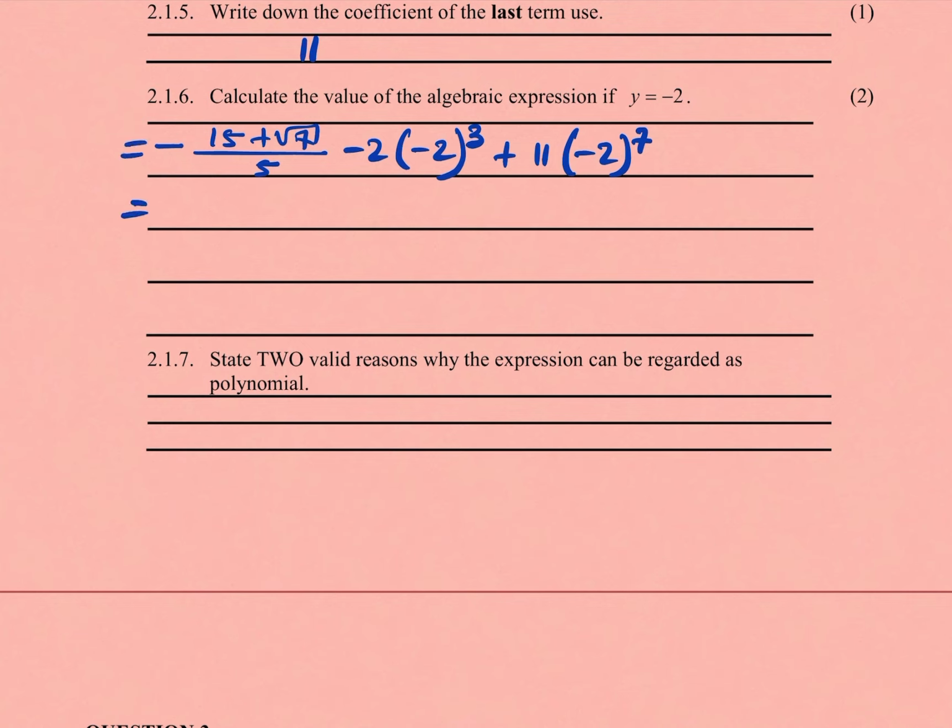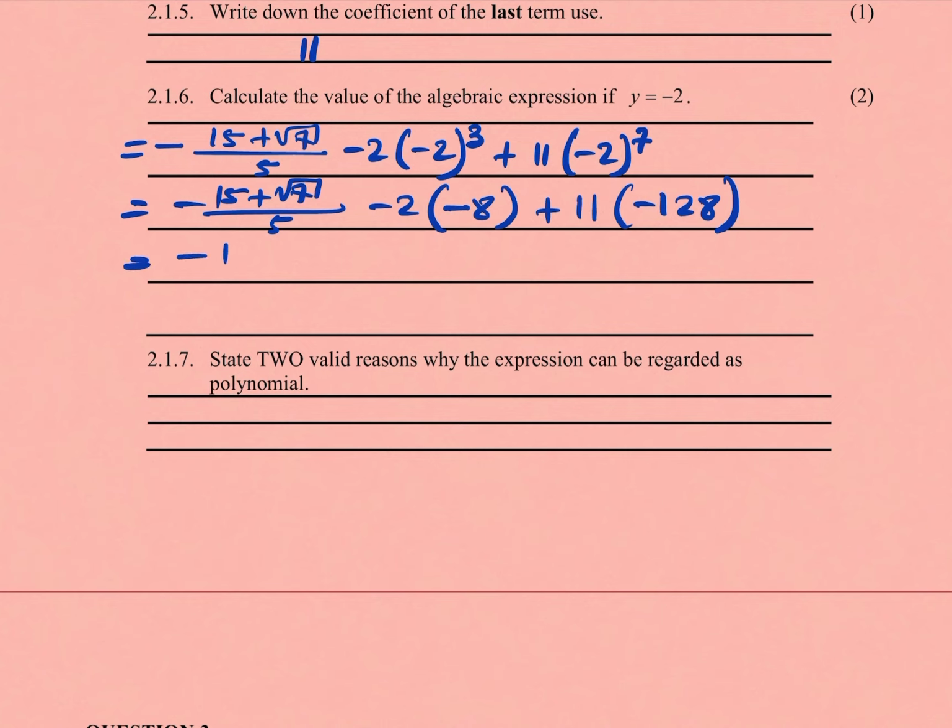Okay, so let's simplify it. With minus 15 plus the square root of 7 divided by 5, minus 2 into minus 2 cubed, you type that carefully. That is going to give you minus 8. And then plus 11 into, you type that, it's going to give you negative 128. So this is really easy. Now let's see how far we can go. If you multiply these two, it's going to give you a positive 16.